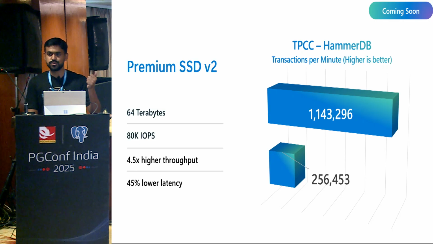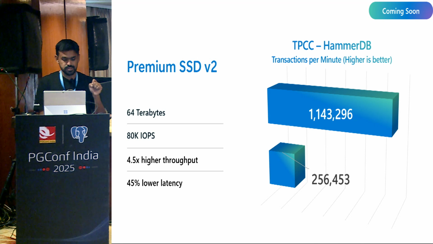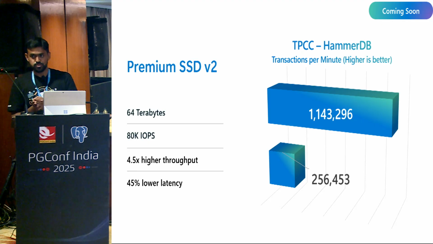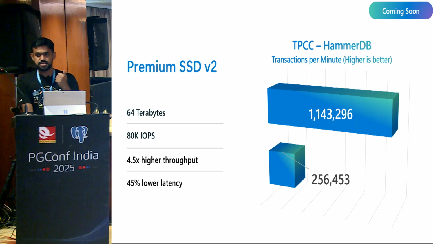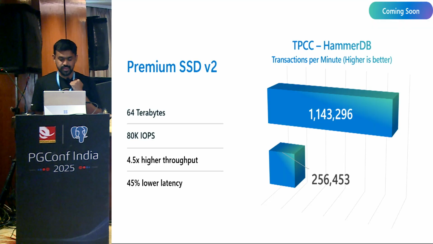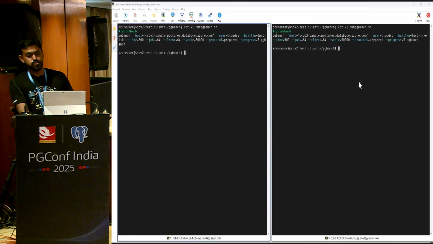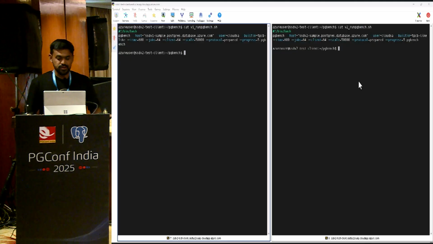I'm going to walk you through that with a demo as well. It supports up to 64 terabytes of data and can go up to 80,000 IOPS. From multiple benchmarking exercises, we are seeing up to 4.5x higher transaction throughput and 45% lower latency. Now let me walk you through the benchmarking exercise that we did for this demo.